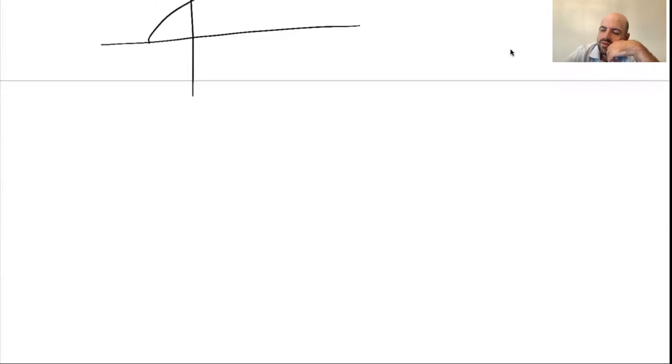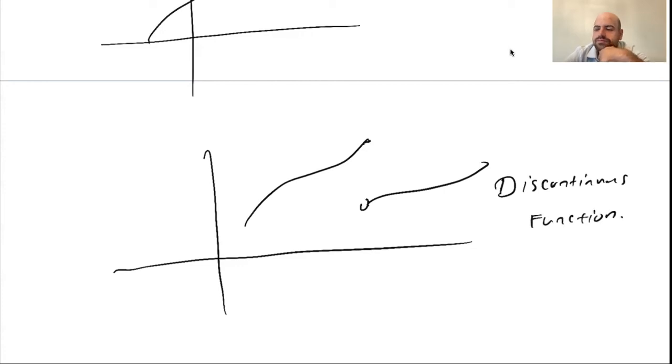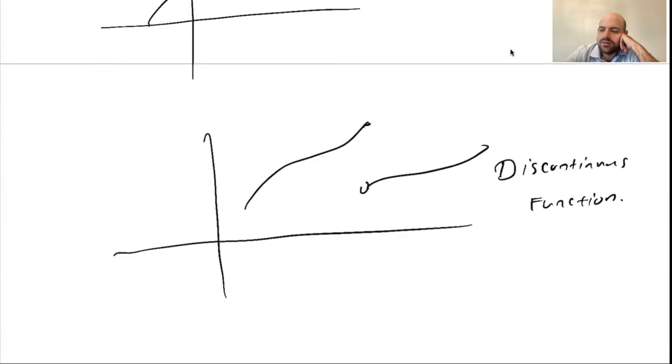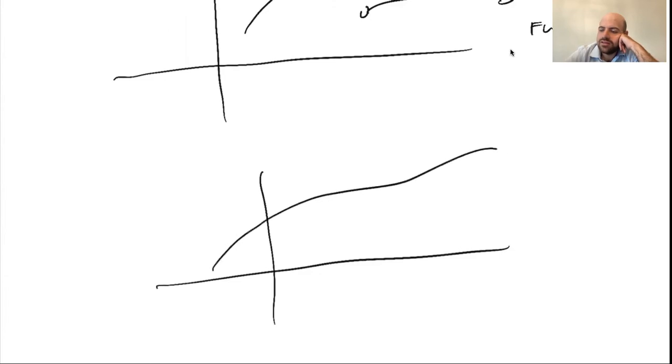Or if it has a break, for example, something like this, again, this is a discontinuous function. So in this case or this case, the function will be discontinuous. But if you have a function like this, this is a continuous function.